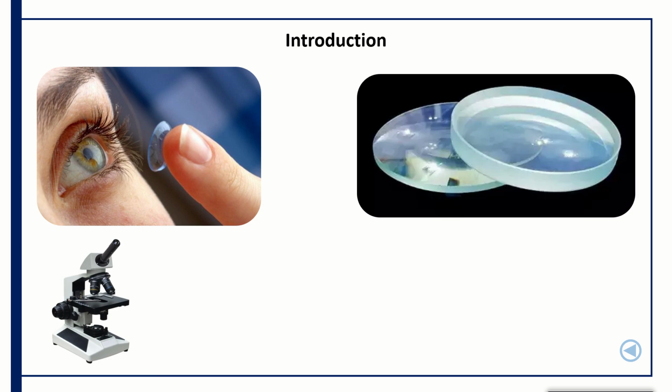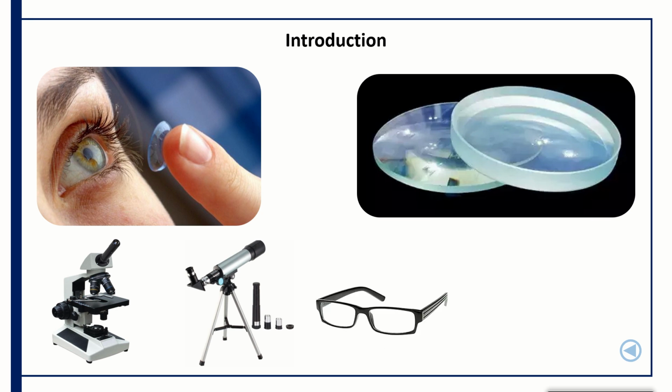We use lens for magnification purpose like magnifiers or microscopes, telescopes to get more information about the world which we cannot see through our bare eyes. We use lenses to get the clear picture of that.